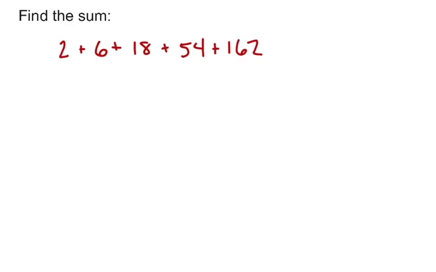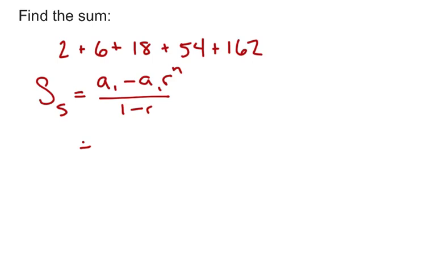So let's try one. Here's a geometric series, 2, 6, 18, 54, 162. What we're doing is multiplying by 3 every time. So if I want to find the sum of all these terms, there are 5 terms there, so I'm finding S sub 5. And we just use our formula, a1 minus a1 r to the n over 1 minus r.